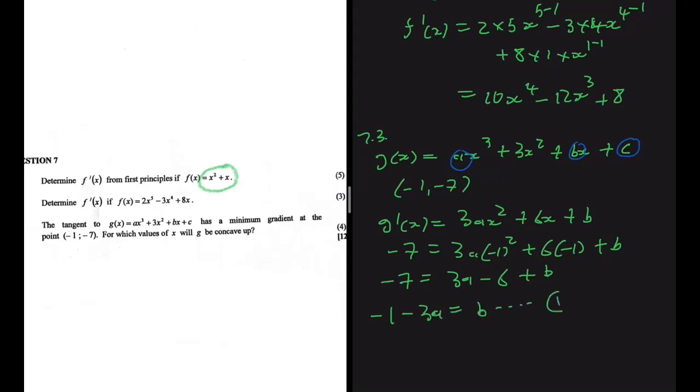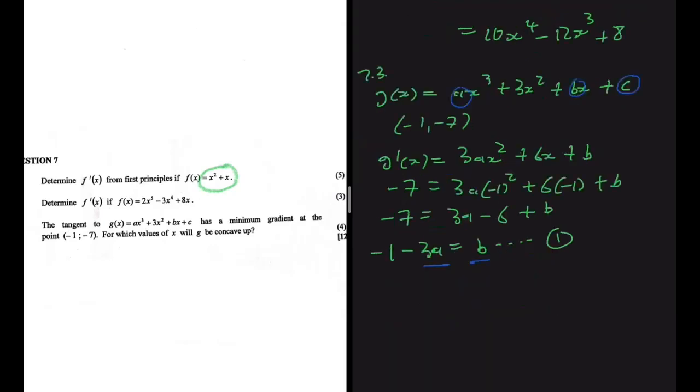So this is our equation 1, because you can see now we have 2 variables. So we need to think of another way to find another equation, and then it will be straightforward. We are going to use the fact that at (-1, -7) we find the minimum gradient of this graph, so we can differentiate that equation again and equate to 0.